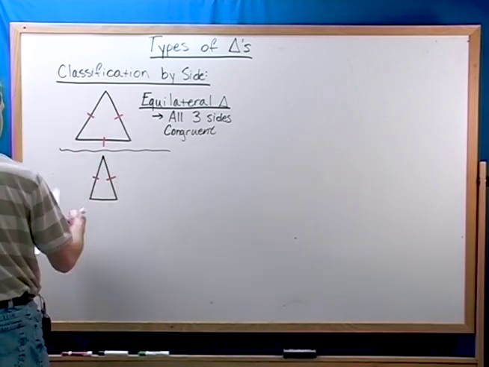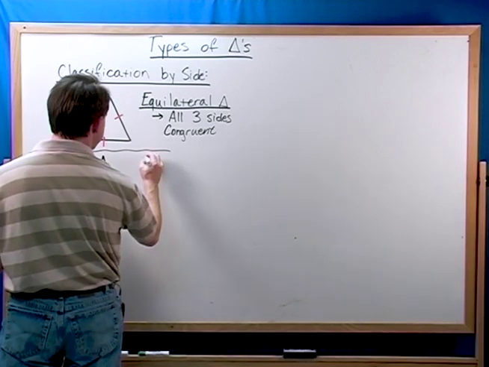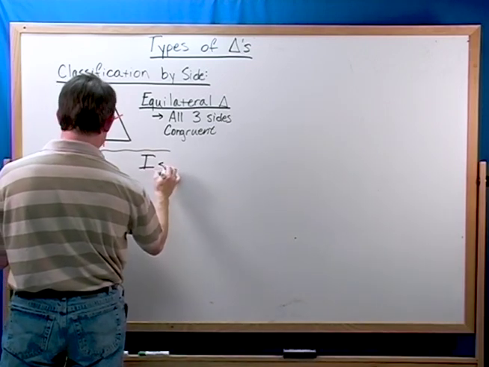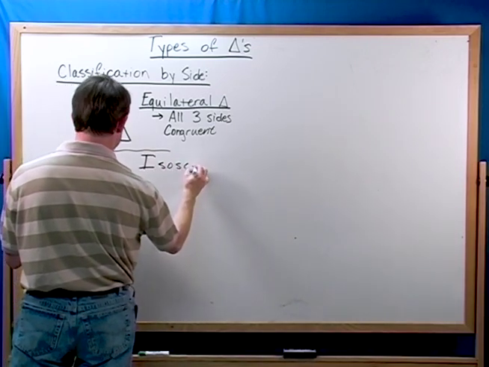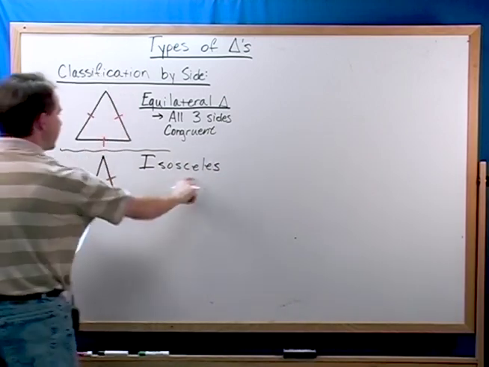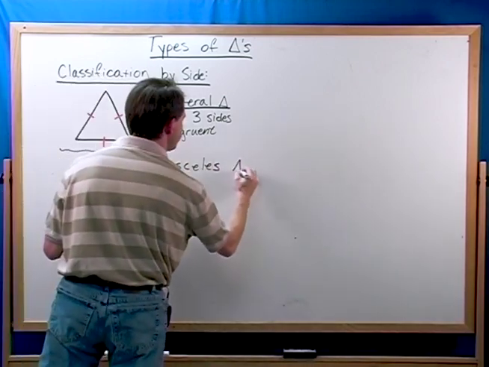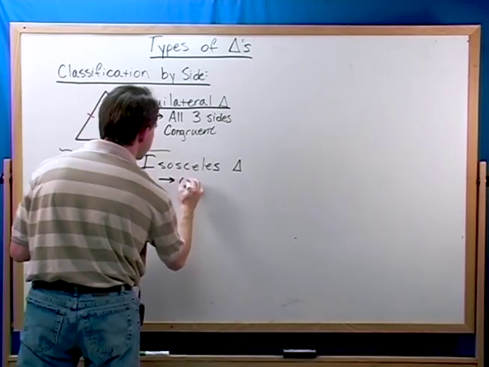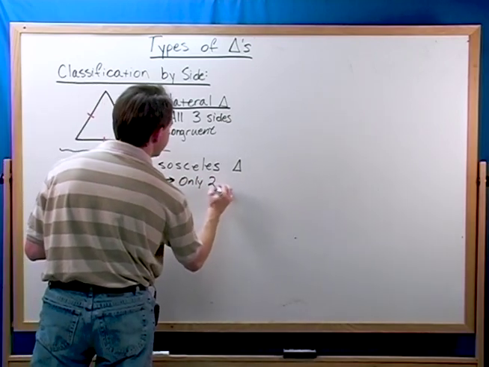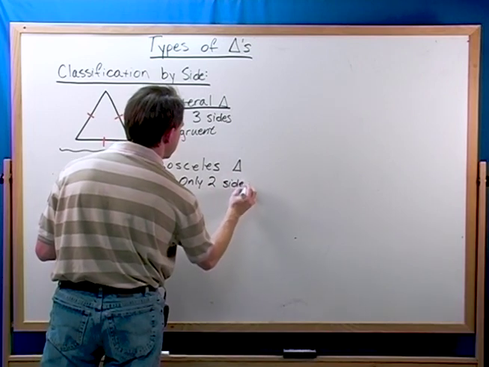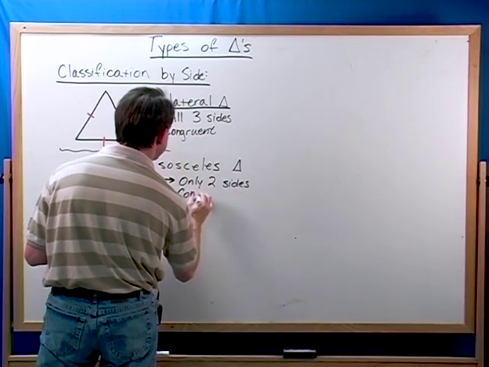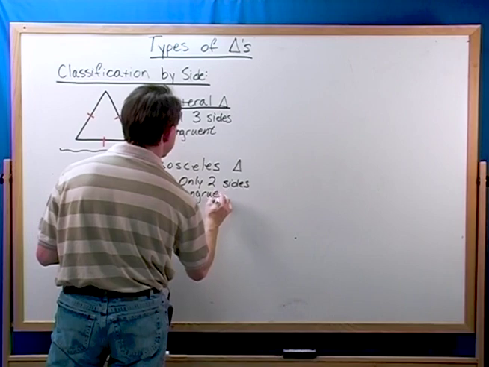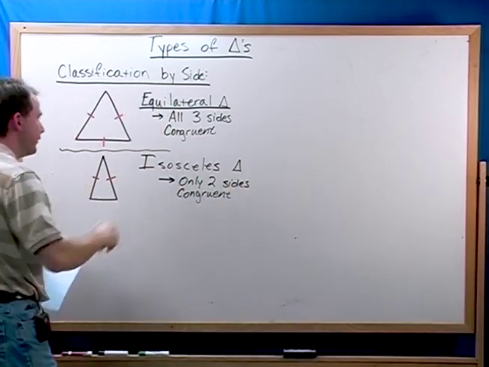And this type of triangle has another name. It's called isosceles. Isosceles triangle. And what is an isosceles triangle? It just means only two sides are congruent, which just means that only two sides are equal.